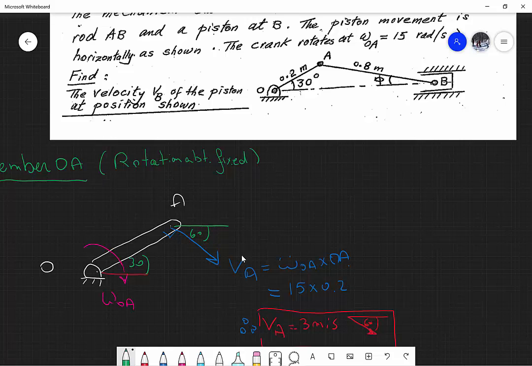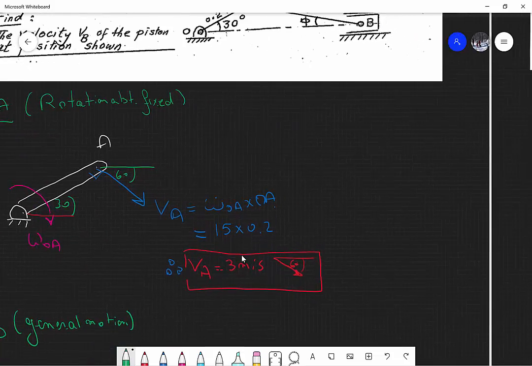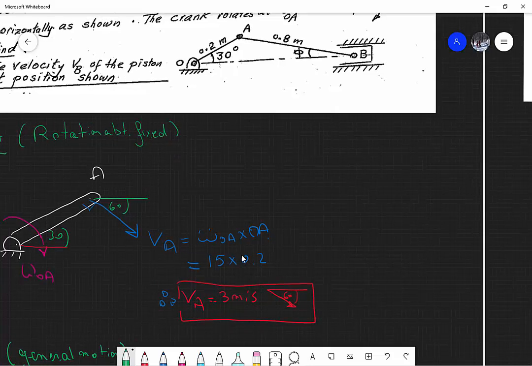The phi is in the triangle OAB, and we already know 0.2, the length of OA, and 0.8, the length of AB, and the angle OAB, which is 30. So now we can find it using the sine rule in the triangle OAB.